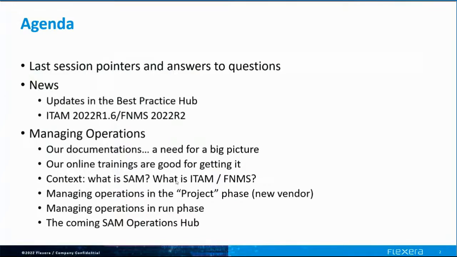Of course, additions for the on-prem customers are more numerous than for the cloud customers, who get incremental changes every month. I will not spend too much time because we will have one more session before this release. So I will be fast on this one and spend most of the time today on this managing operations topic.